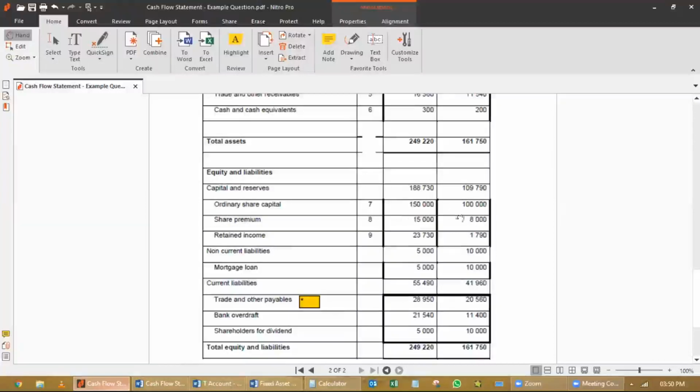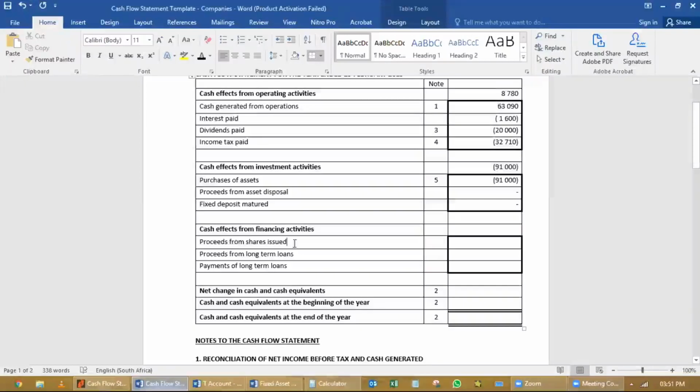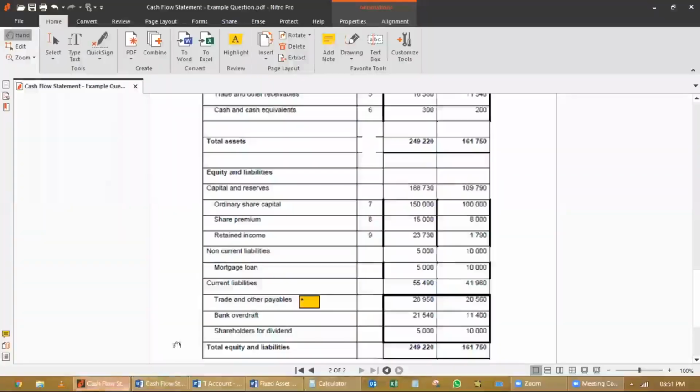So you would take both of these amounts into consideration. If the share premium was not there, then you would have just used ordinary share capital when you wanted to do the issued shares, because when you issue shares, that is ordinary share capital. So we know that we have to now take both of these amounts into consideration.